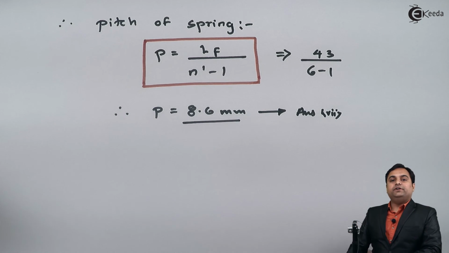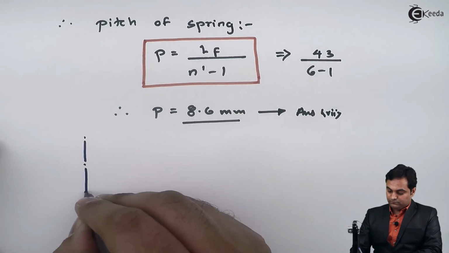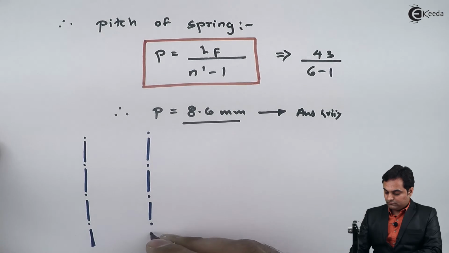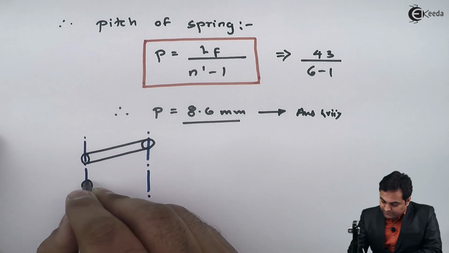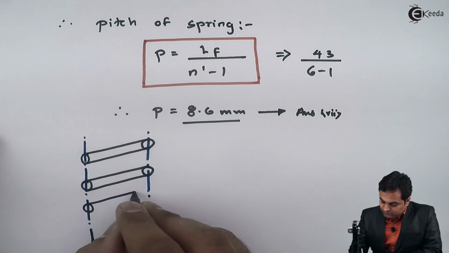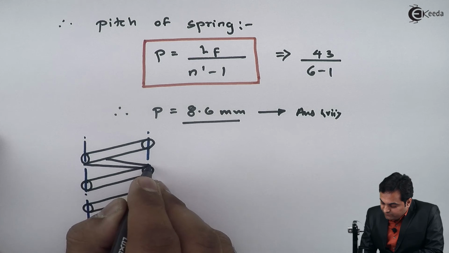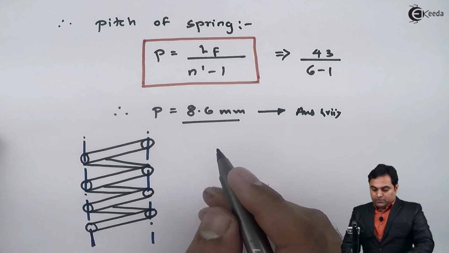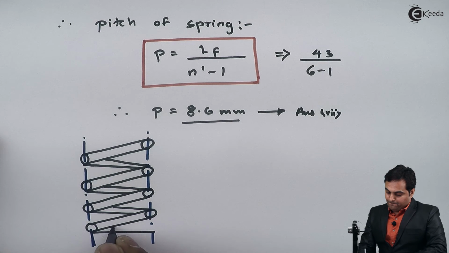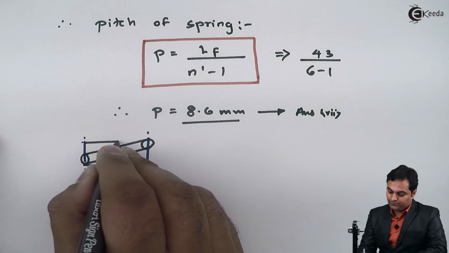Now once we have calculated all these parameters, I can draw the helical spring. I can draw the diagram and explain. Here is the diagram of a helical compression spring. When it is supported, it would be resting here, and similarly there would be one support at the top.